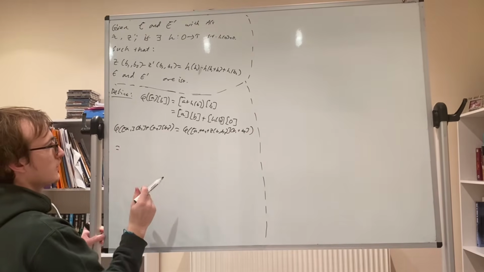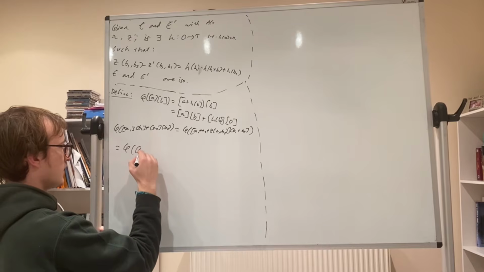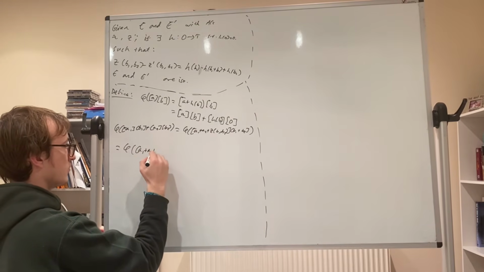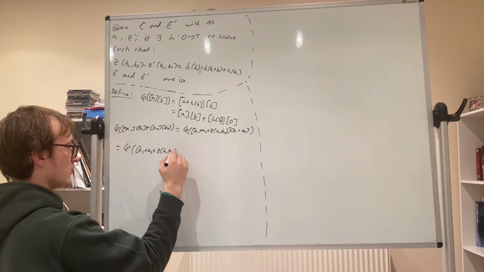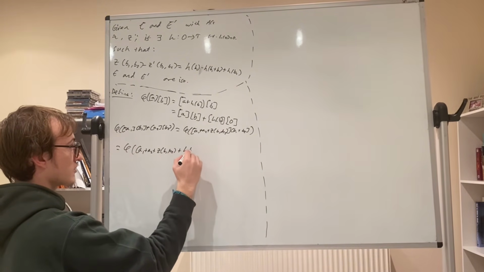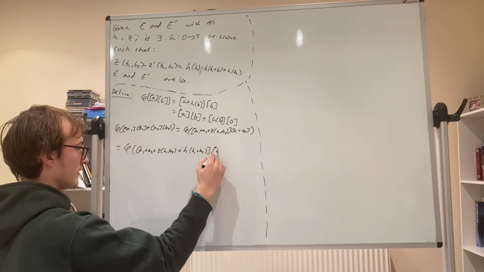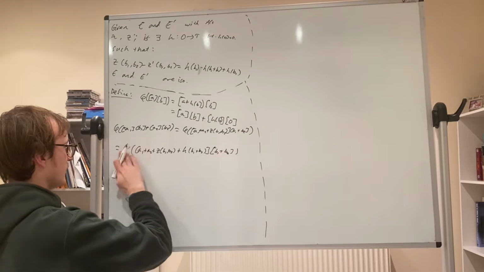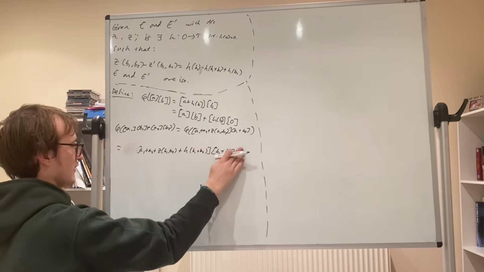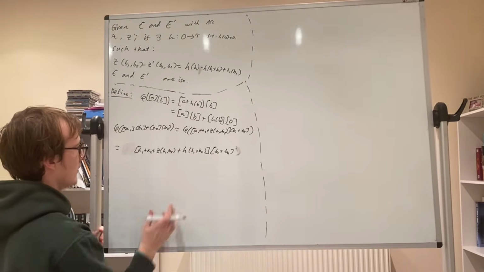And this is equal to, well, now we apply our definition, A1 plus A2 plus Z of B1, B2 plus H of B1 plus B2, and then in the second entry we have B1 plus B2, like this. By definition of phi, you just get this.